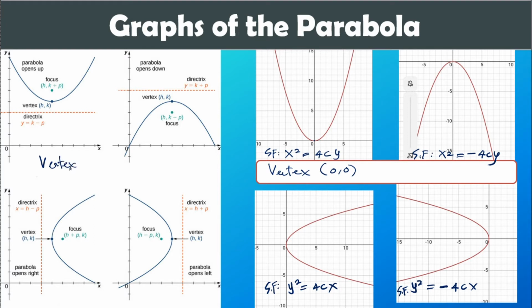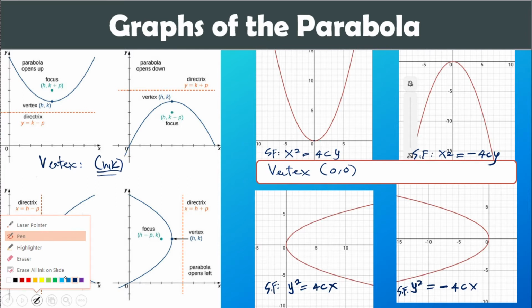Okay, yung vertex niya is at (h, k). Okay, yun yung magiging case pag yung vertex niya is not at the origin. So, (h, k) yung gagamitin natin. So, what if yung parabola opens upward? Okay, what is the standard form?